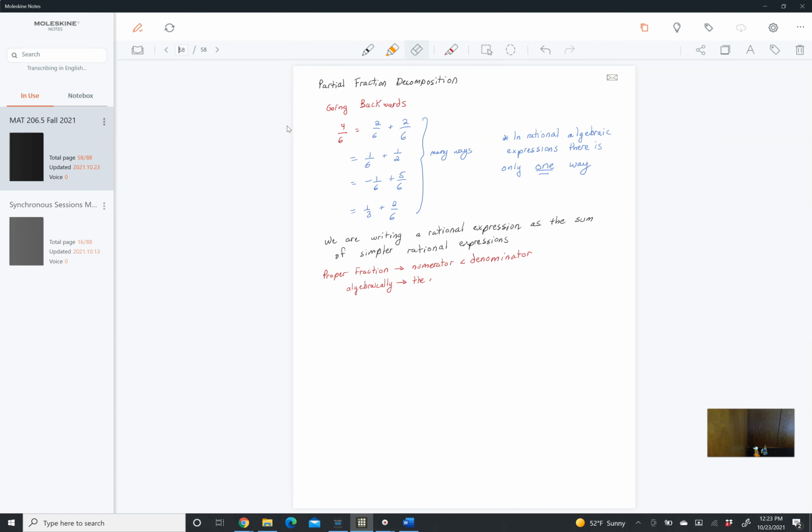The degree of the numerator is less than the degree of the denominator.